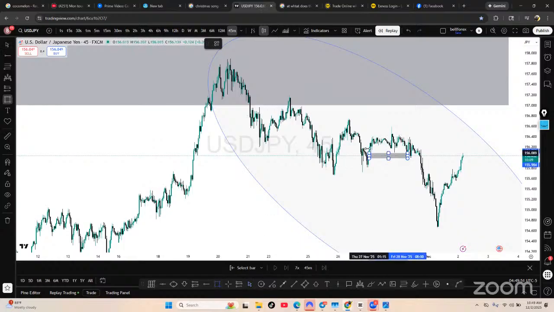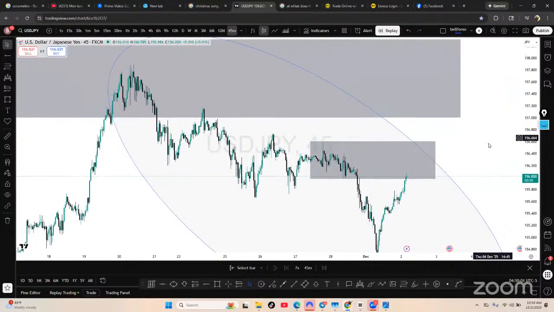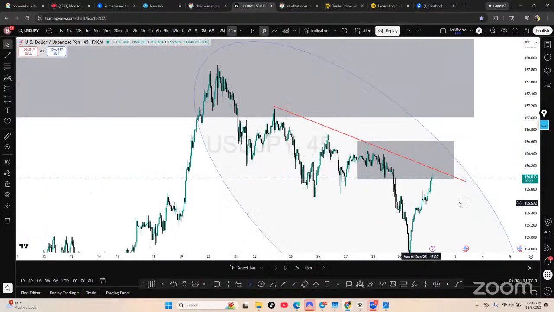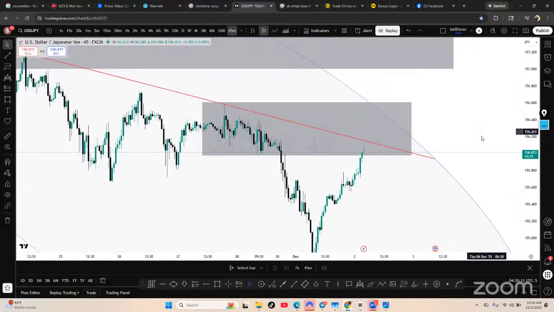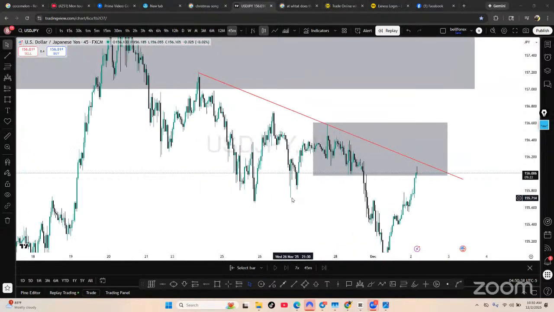Me, I'm simply seeing this consolidation zone here. Yeah, the small consolidation zone.